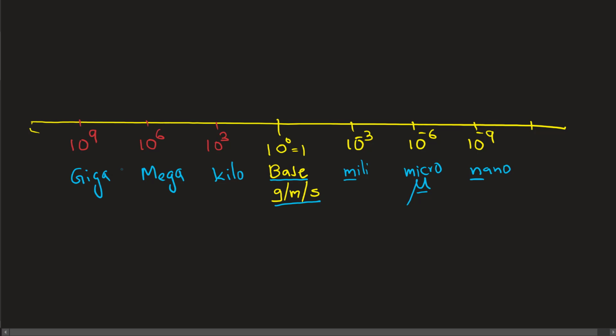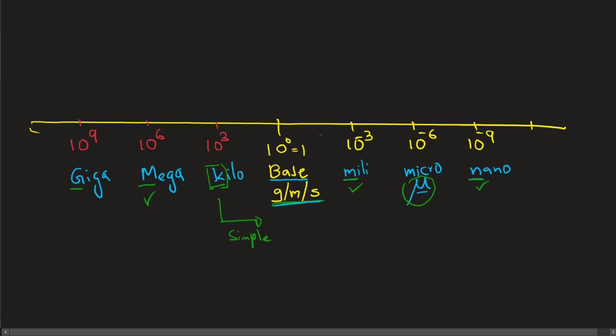We use the symbols big G, big M, and little k in this case for kilo, because capital K is for Kelvin. This is a simple k. Now milli is a simple m. Big M and simple m we already use, so micro is the Greek letter mu, and nano is a simple n. So these are the symbols and their powers, 10 to the 9 to 10 to the minus 9, the full range.